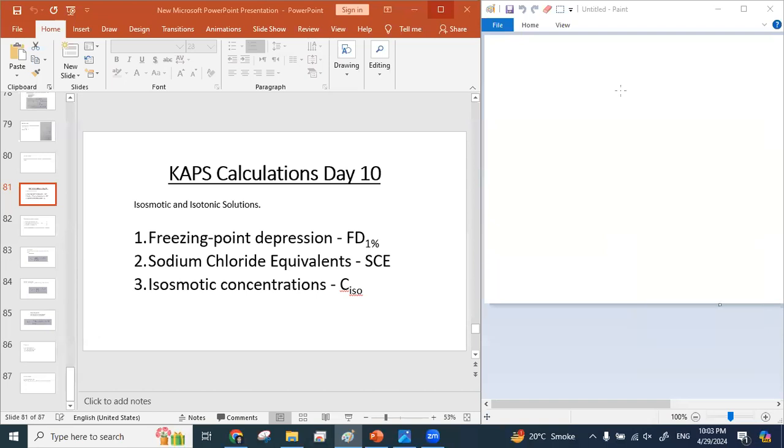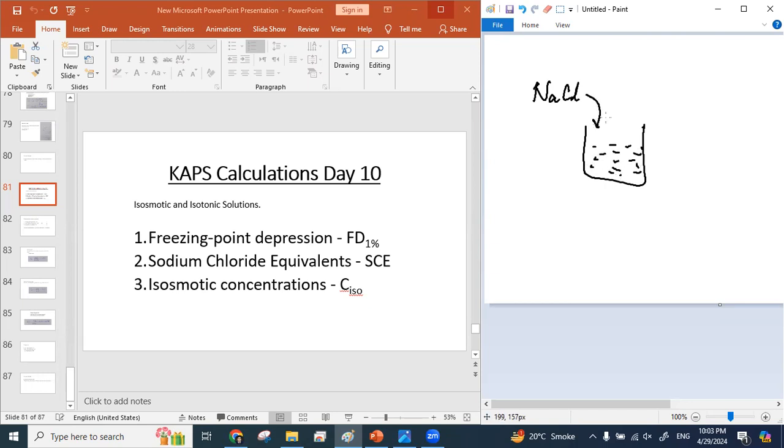Now, what is it all about? In this chapter, they will give us a substance, for example, NaCl. They will already have some solution and they want us to add NaCl to this solution to make it isotonic. Isotonic means isotonic to our blood.